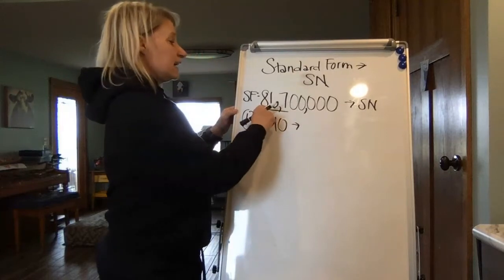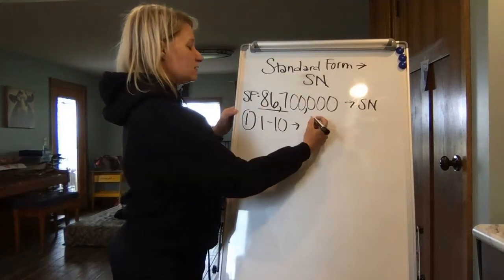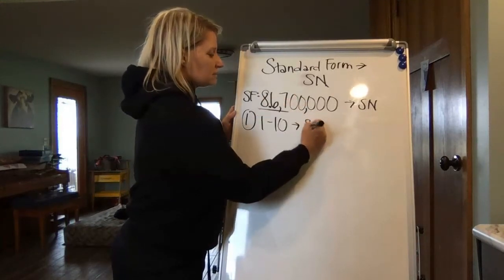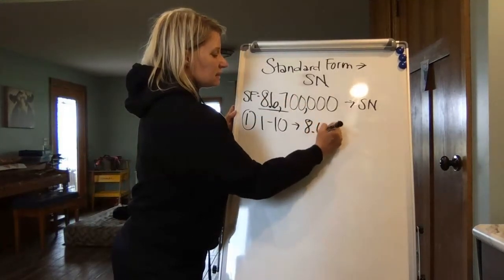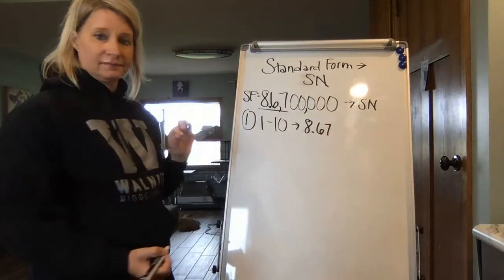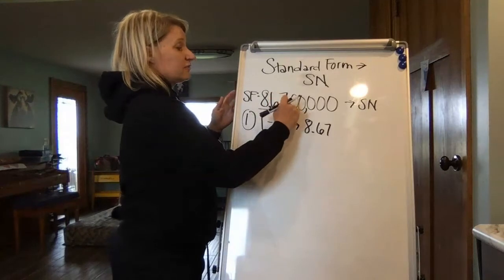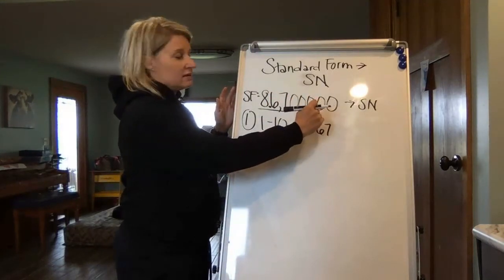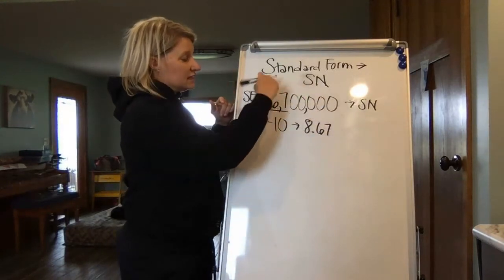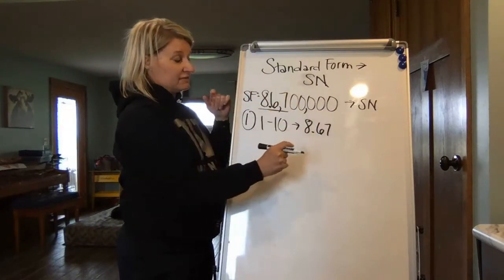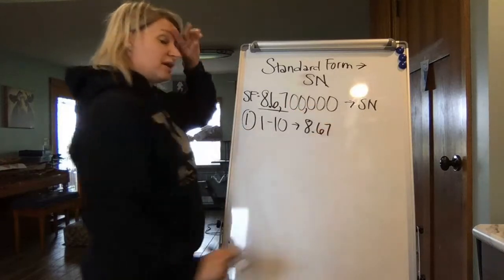To make 867 into a number between 1 and 10, we would have to put our decimal point there. So it becomes 8.67. Okay, that's a number between 1 and 10. We only concentrate on what's here, and all these zeros will drop off.